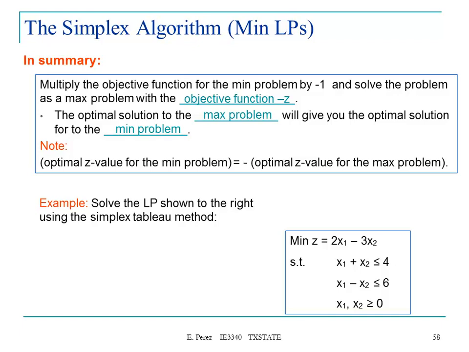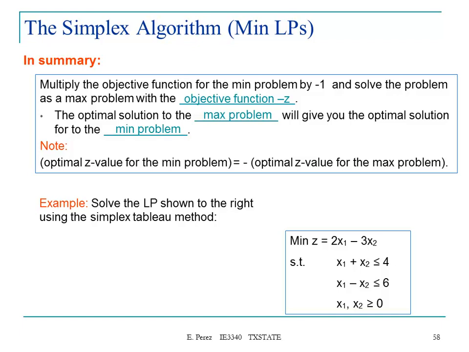Note that the optimal z value for the minimization problem is equal to the negative of the optimal z value of the maximization problem. So if you find the max of the negative of the objective function, the negative of that solution is going to be the solution for the minimization problem.